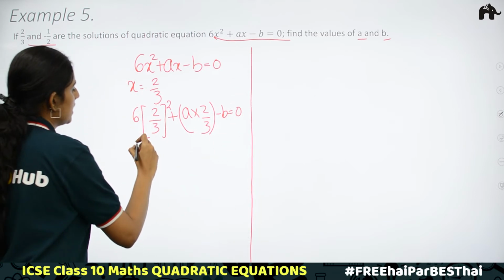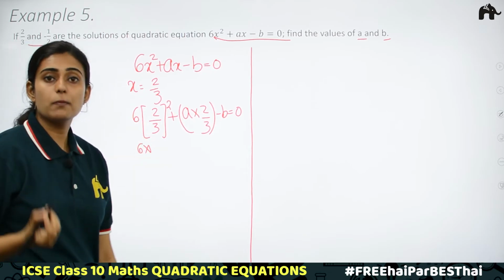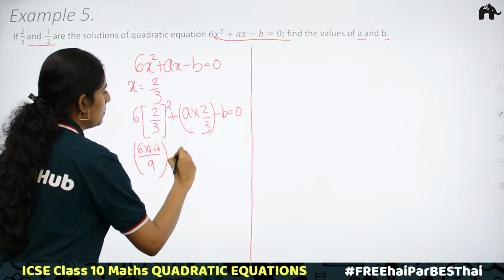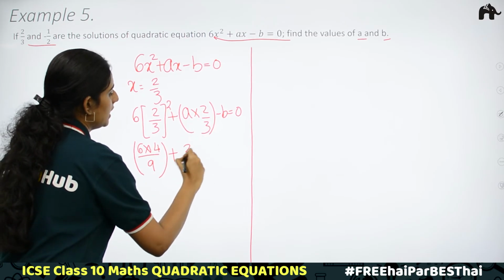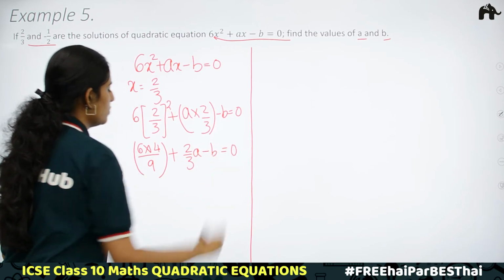Solving, 6 into 2 by 3 square is 4 by 9. 4 by 9 plus 2 by 3 a minus b is equal to 0.